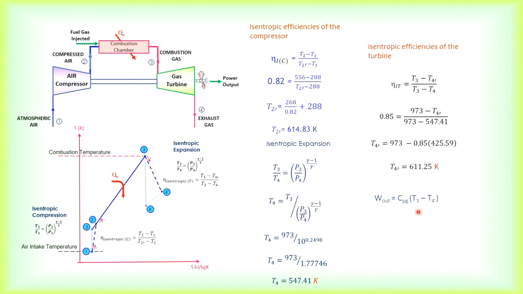The gas side is 1.333. CPG is 1.11 for the gas side, because your turbine work is on the gas side. So make sure you use the correct value for CPG. Don't use 1.005, use 1.11. So you get your work output. On the tail it is 3 and 4 prime, not 3 and 4. If it is 3 and 4, that means you are looking at a closed gas turbine unit.